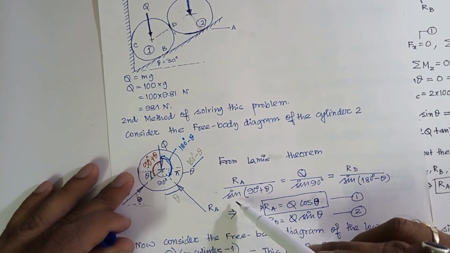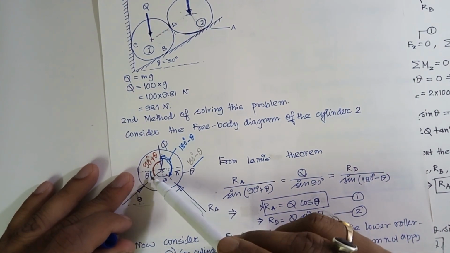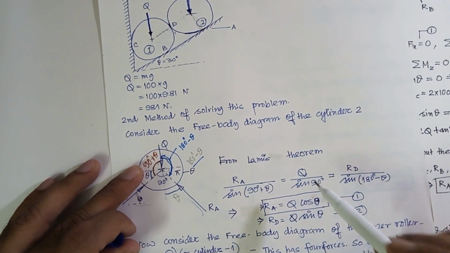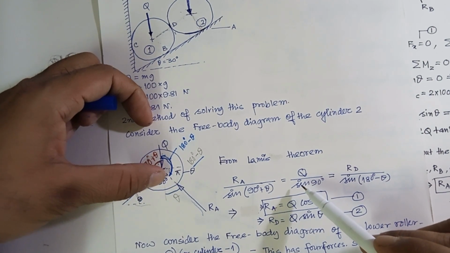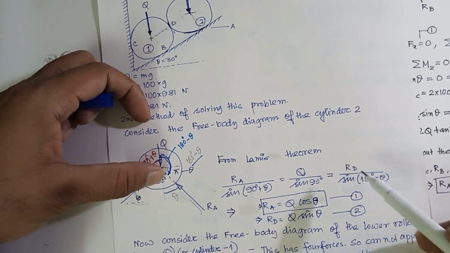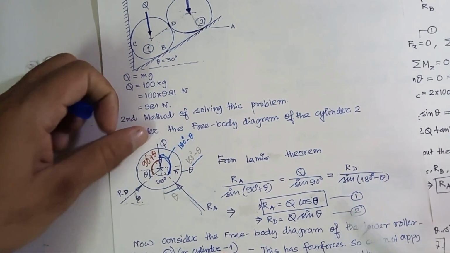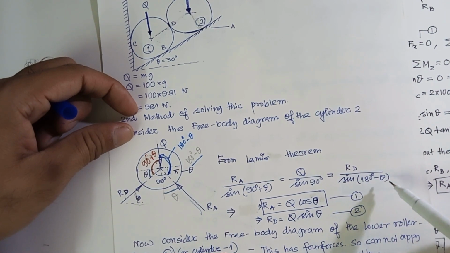RA divided by sine of the opposite angle, that is 90 degree plus theta, is equal to Q by this, that is sine 90 degree, is equal to RD by sine of this angle, that is RD by sine of 180 degree minus theta.